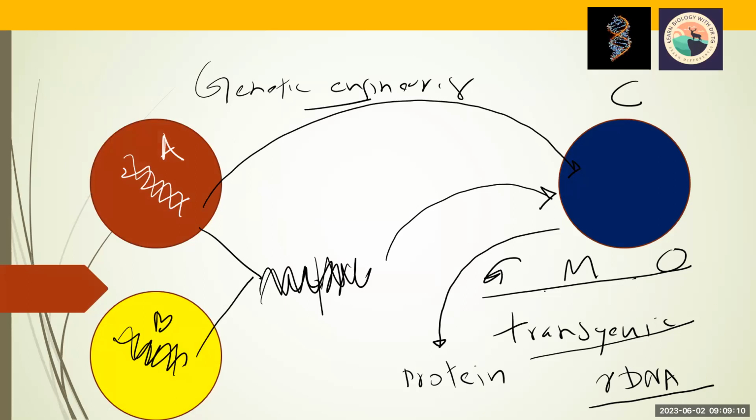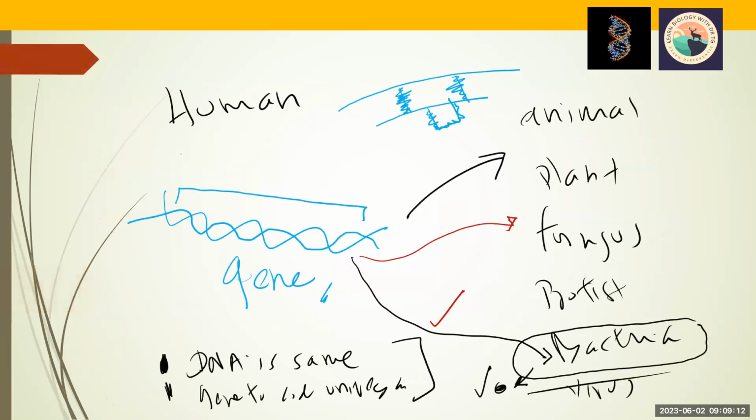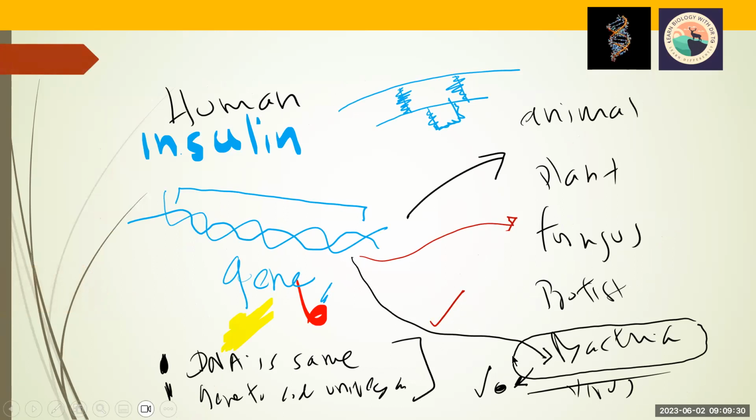In that case again it becomes a bit complicated, because we can transfer to animal, plant, fungi, and bacteria, and even if we want we can transfer to protists, but mostly bacteria we're going to use here for the understanding.